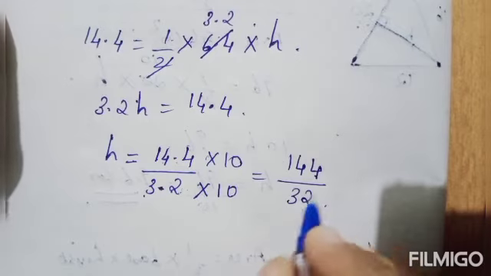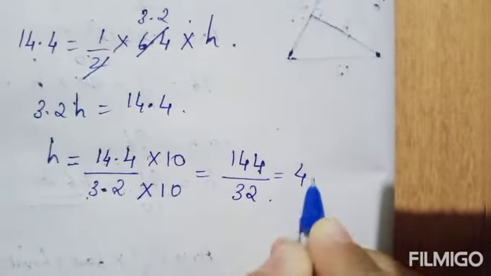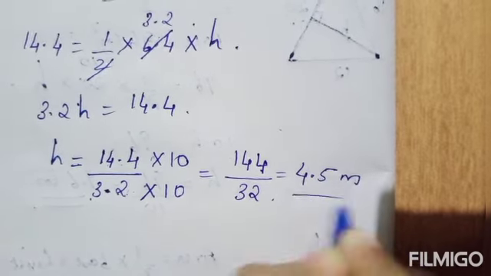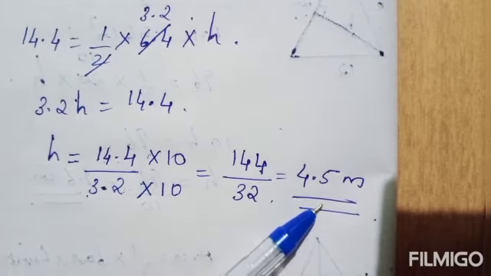You can divide 144 by 32, you will get 4.5. The unit will be meter. So this is the corresponding height to the 6.4 meter side.